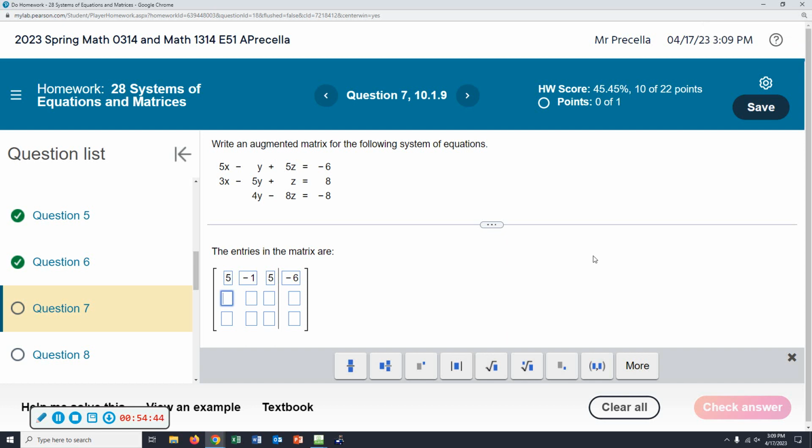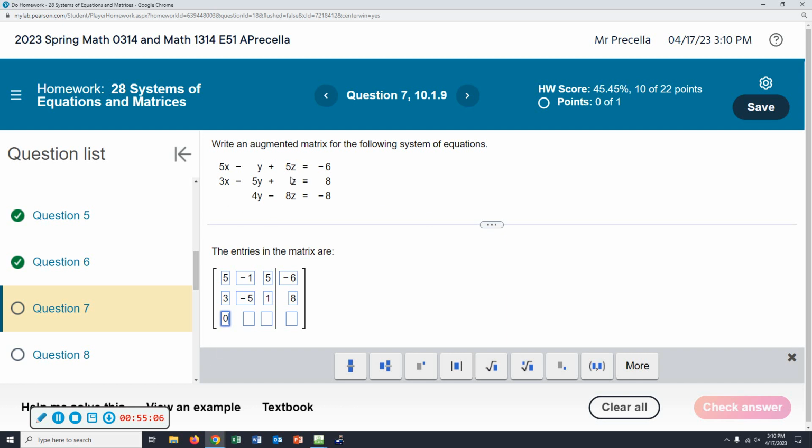Okay, so 3, tab, -5, 1, and 8. Now here's the tricky one. There's nothing there. I've got to put a number, so I'll put a 0. Do y'all see the difference between when I put a 0 and a 1?